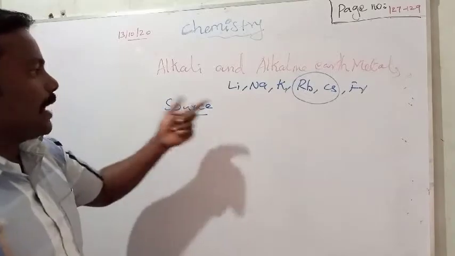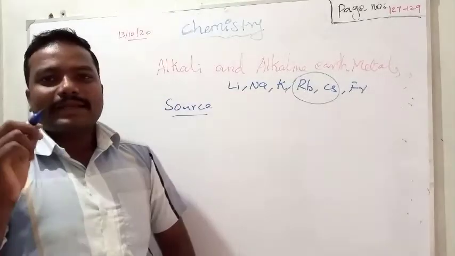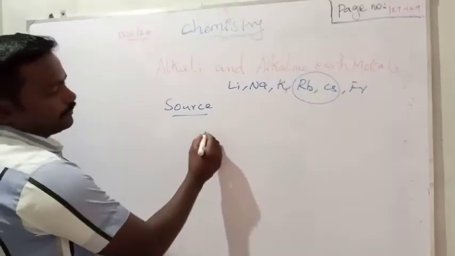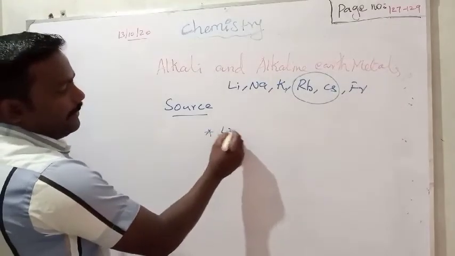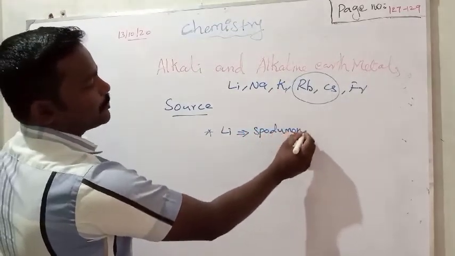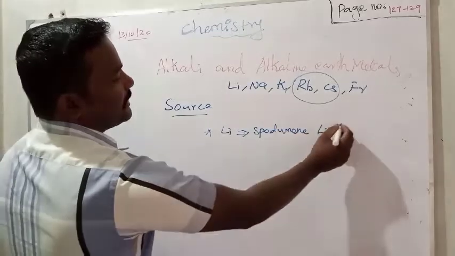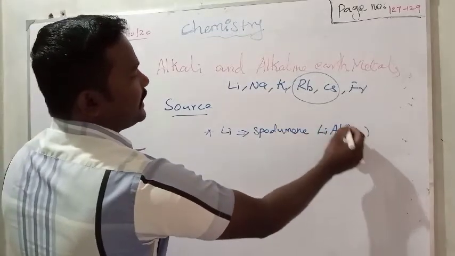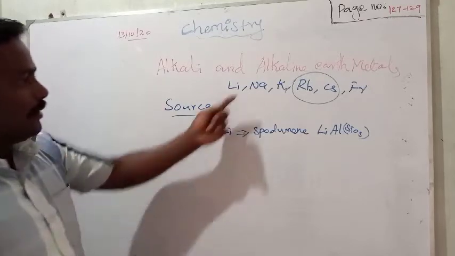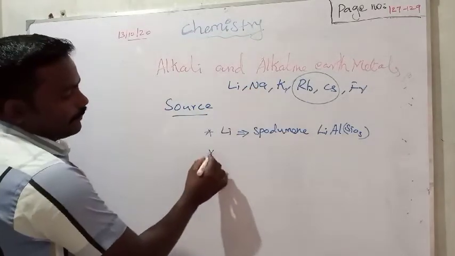See, the first one, lithium, is obtained from the mineral spodumene. Lithium we can get from spodumene, that is nothing but lithium aluminum silicate. And then what's the source of sodium?